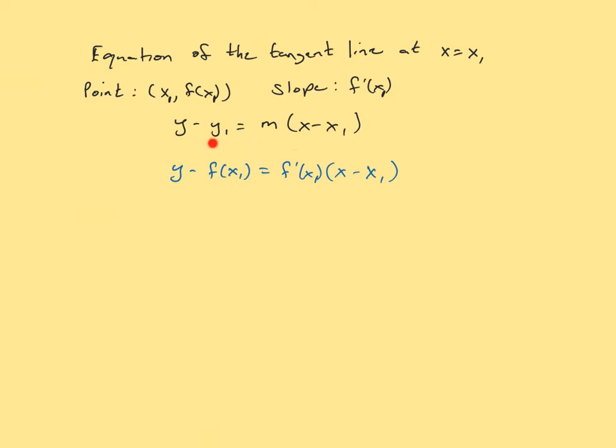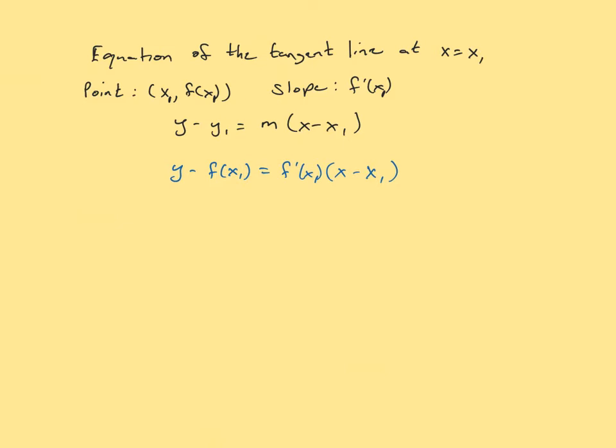Now, you may remember the point-slope form of a line where x1 and y1 happen to be the coordinates of a point. So if I plug that directly into my equation, I'll end up with y minus f of x1, that's my y coordinate, equals f prime of x1 times x minus x1. And now I want to identify the x-intercept of this tangent line.